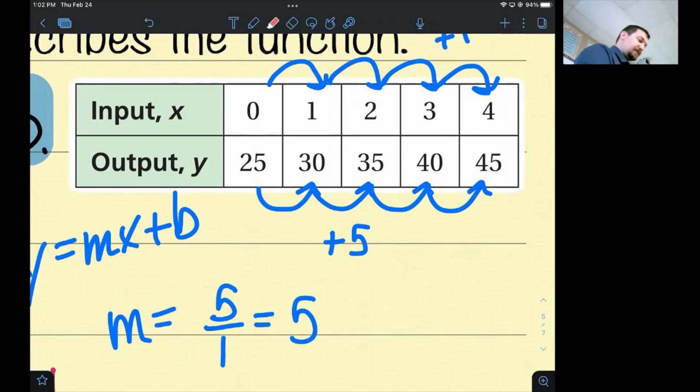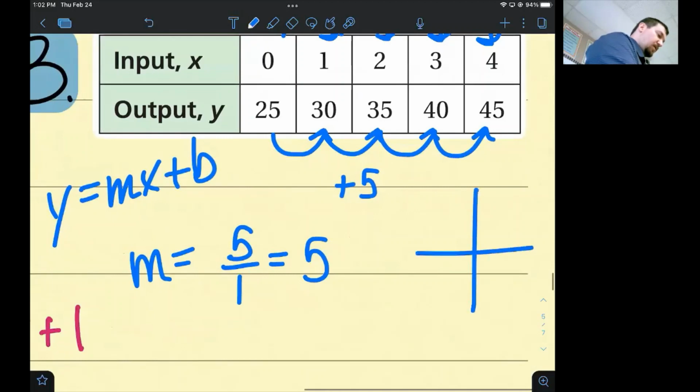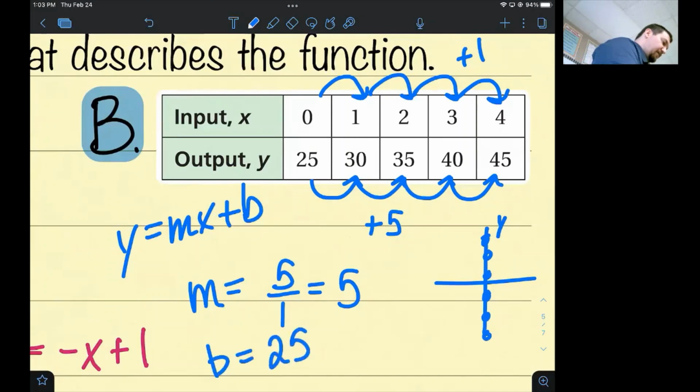And if I draw a picture, it might help. All the points on the y-axis have an x coordinate of 0. Do any of the points in our chart give us an x coordinate of 0? Yes. And what's the y coordinate when x is 0? So that's our y-intercept. Our b value is going to be 25.